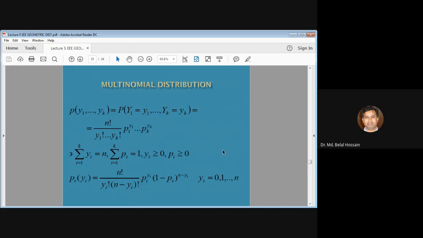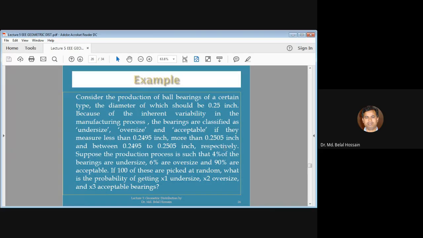Okay, so you know that this is the same thing. Come to a numerical example. Consider the production of ball bearings of a certain type, the diameter of which should be 0.25 inch. Because of the inherent variability in the manufacturing process, the bearings are classified as undersized, oversized, and acceptable.